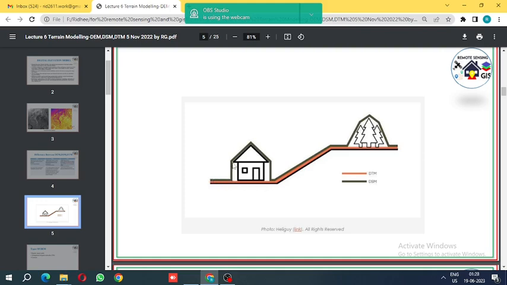This gray line is a representation of DSM, because as I said, DSM is going to represent the build-up height and tree height also. And this orange is DTM. Like DEM, it will not represent the height of tree or build-up.